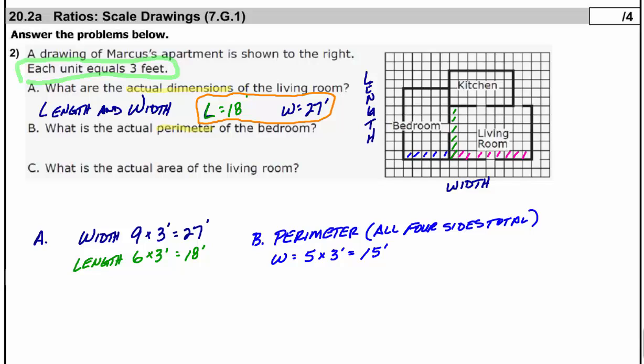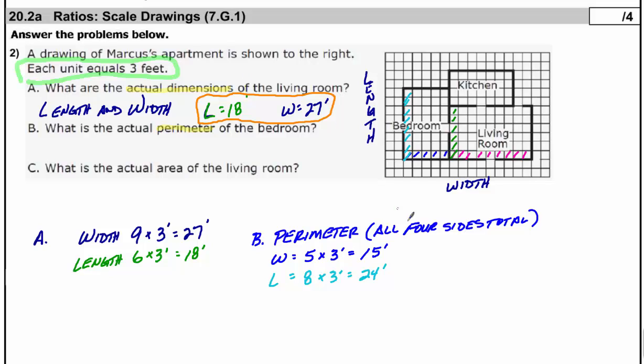And pick out a different color here. And for the length, 1, 2, 3, 4, 5, 6, 7, 8 units. So for the length, I've got 8 units times 3 feet each. That's 24 feet.